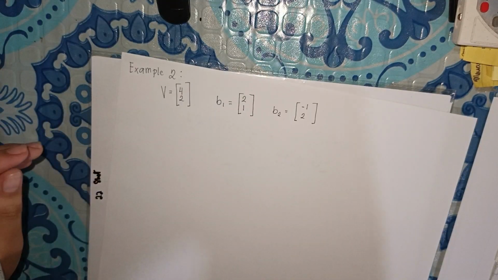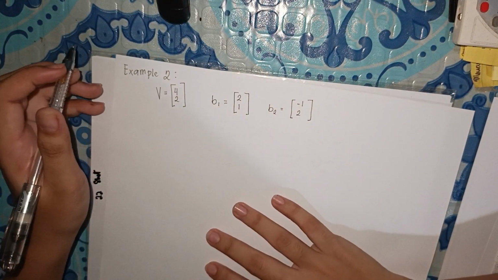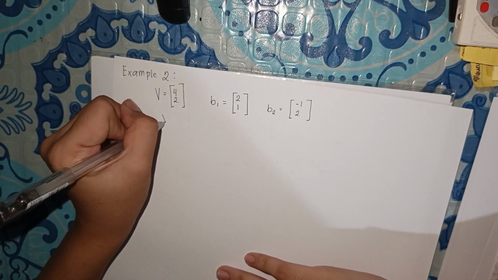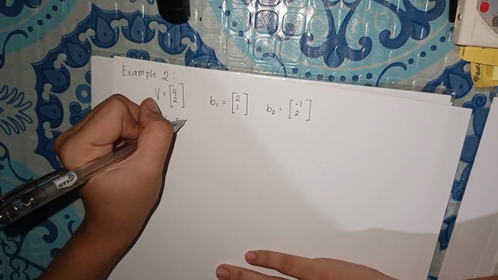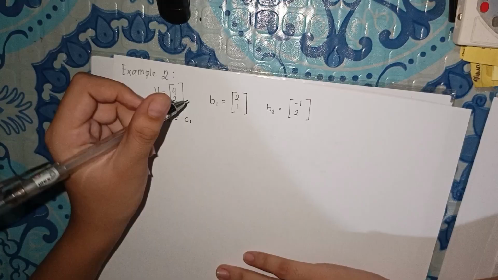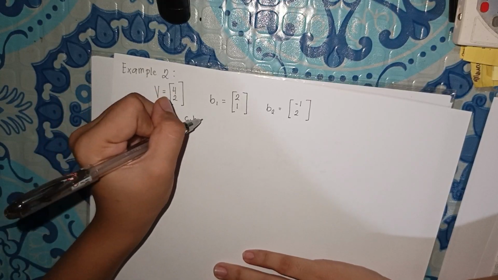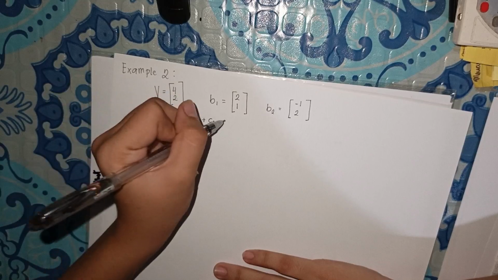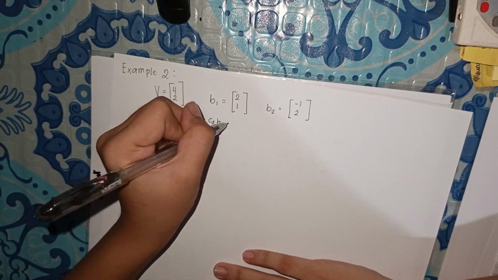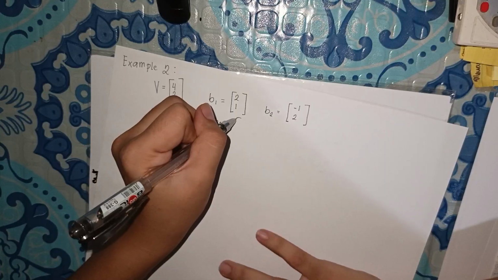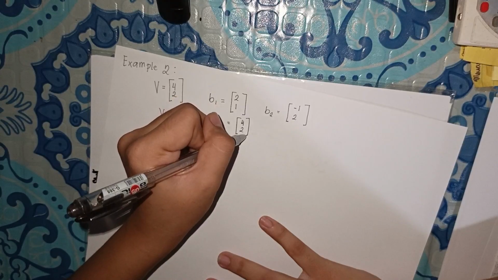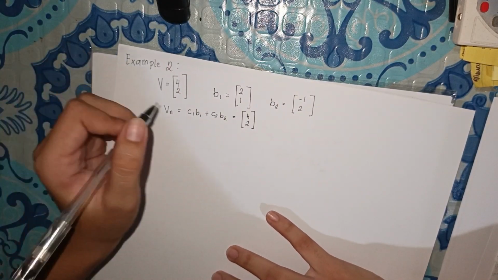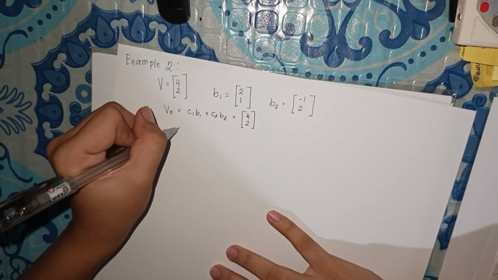So now, same sa atong gibuhat ganina. So, we'll use kanang formula. So, scalar 1 times basis 1 plus scalar 2 times basis 2 is equal sa vector nga 4 and 2. So now let's substitute.